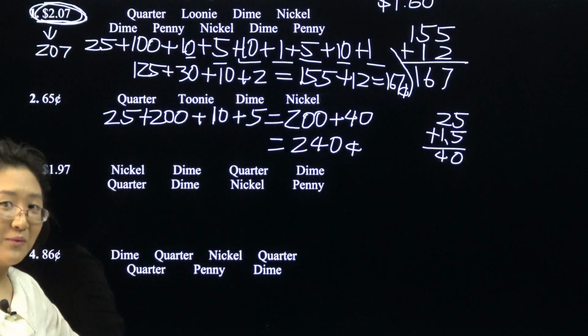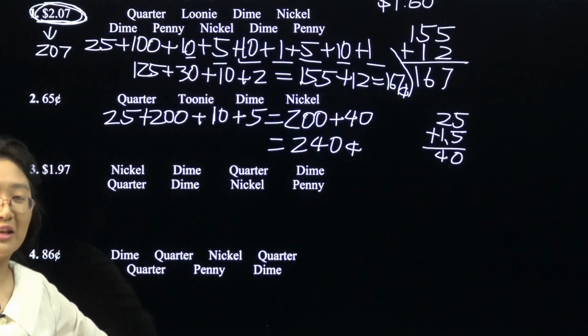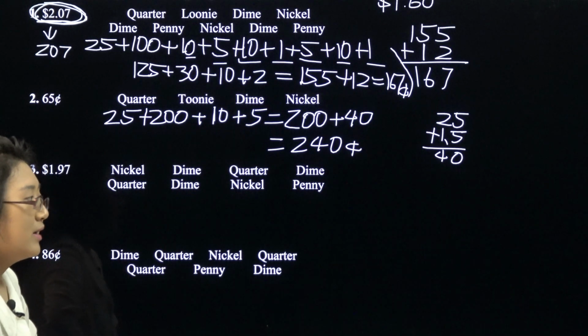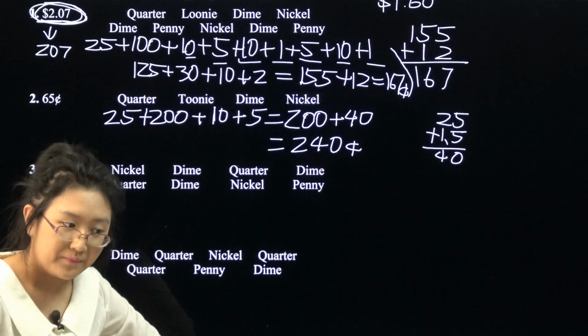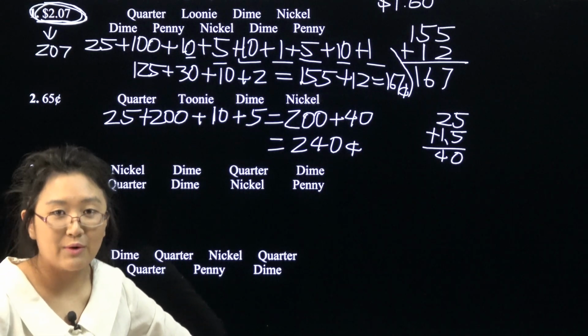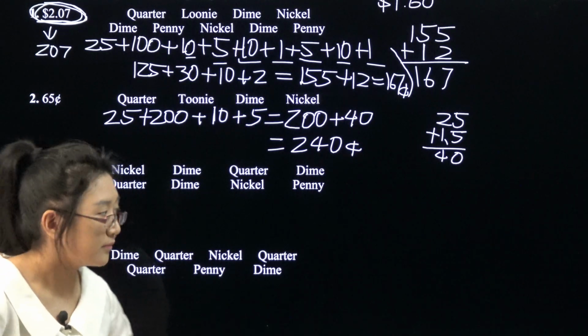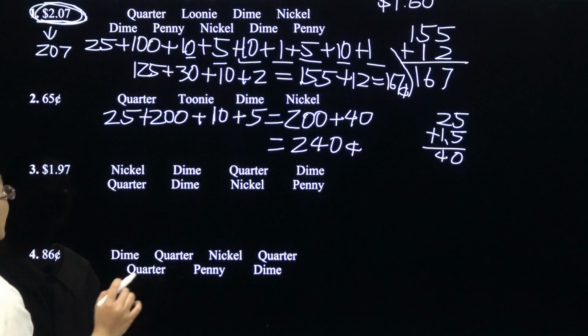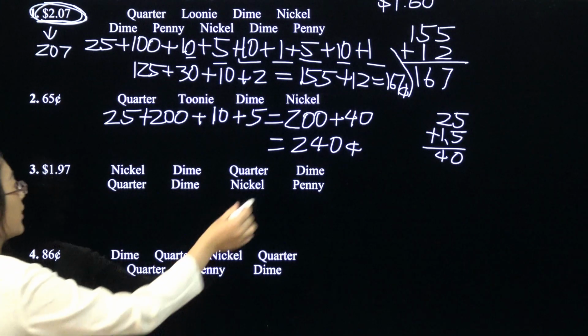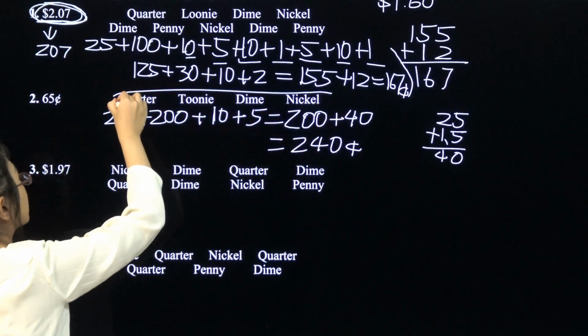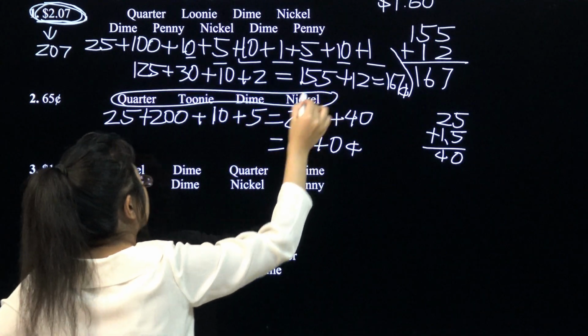Yes, 240 is bigger than 65, if they're the same unit, which they are. If it was $65, then that would be a different problem. But they're both in cents, and 240 is bigger, so this group is bigger.